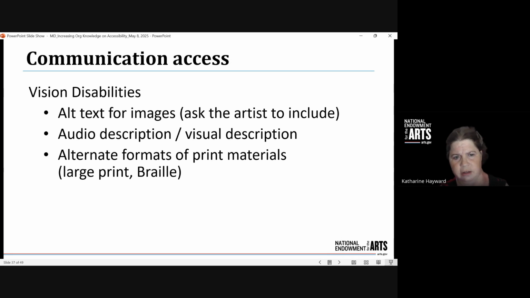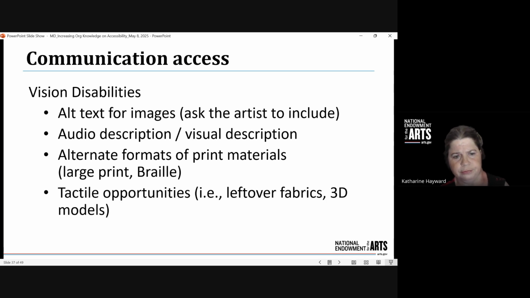Having alternate formats of print materials. Really, having a print material is kind of an alternate format at this point, but print materials can still be useful for some people, and also having large print and braille options. Also including tactile opportunities.